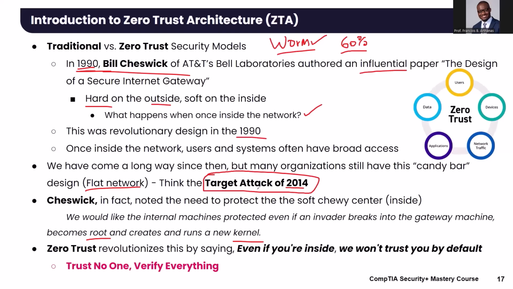Anyway, the attacker got into the HVAC system, meaning the vendor that provided the AC for all the Target stores. The attacker breaks into this AC vendor's system, and then from that system, the attacker was able to get to the registers of Target.